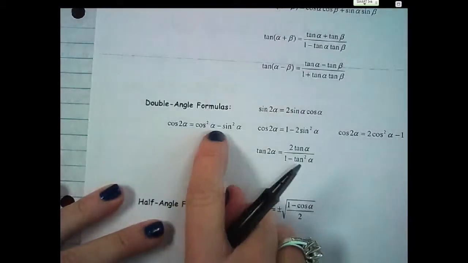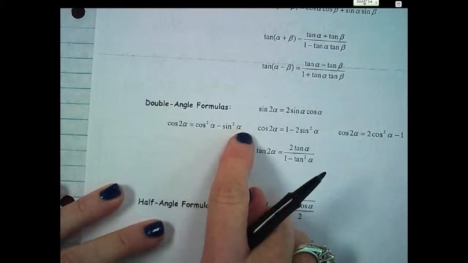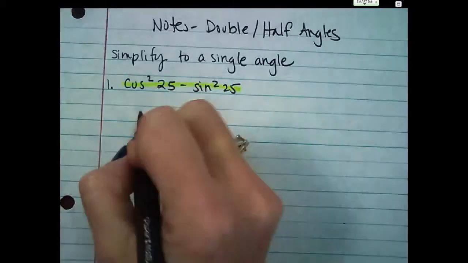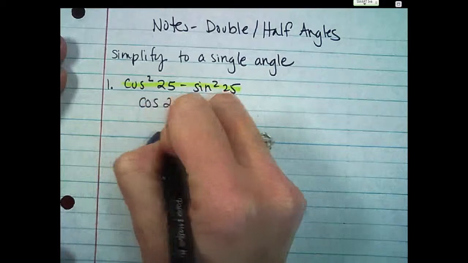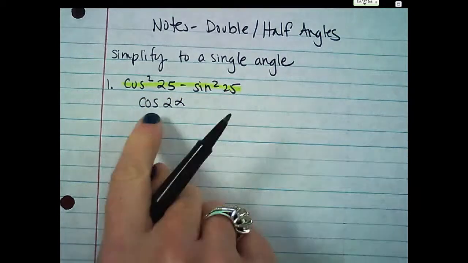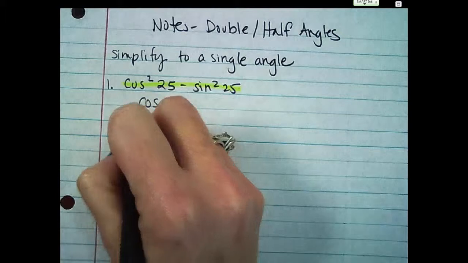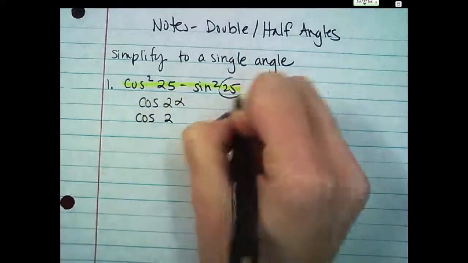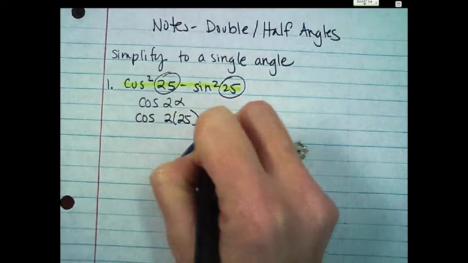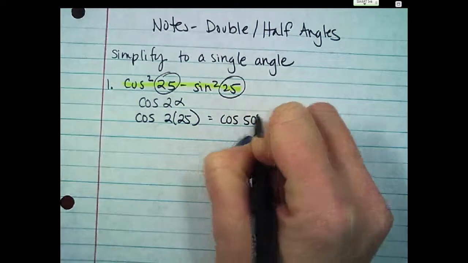Cosine squared of an angle minus sine squared of an angle is the same thing as cosine 2 alpha. Remember, you have to show me one line of work. So you can either write this, or you could write cosine of 2 times 25, because in this case alpha is 25, equals cosine of 50 degrees.